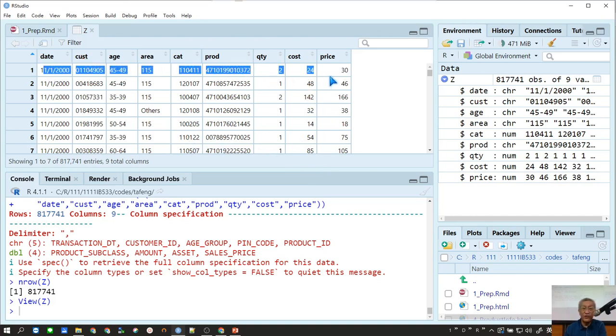So every record is actually a transaction item. It's not a transaction. You go to the retail store, you buy a lot of items at a time, right? When you buy something in 7-Eleven, at the register they scan the code, right?